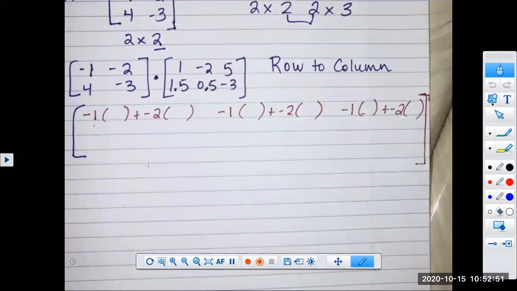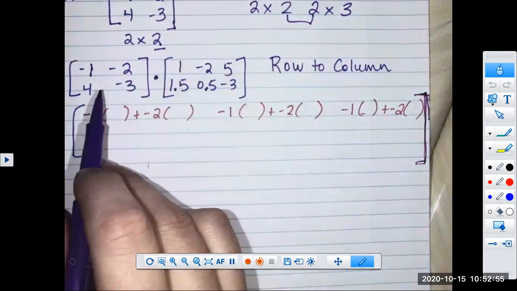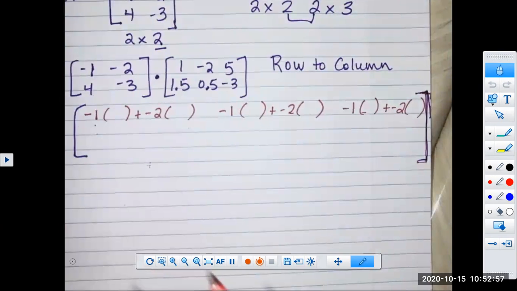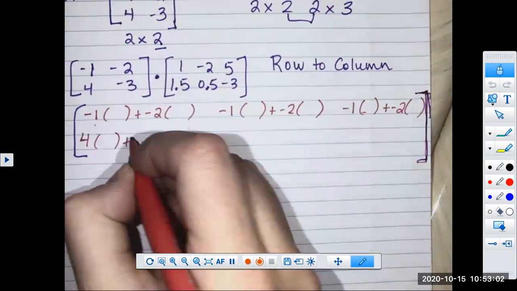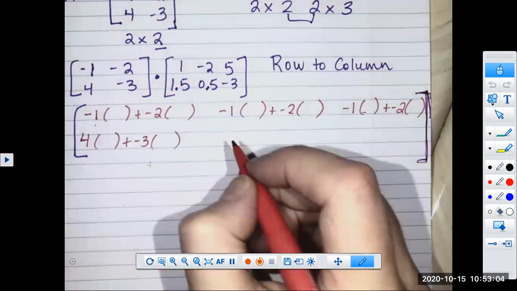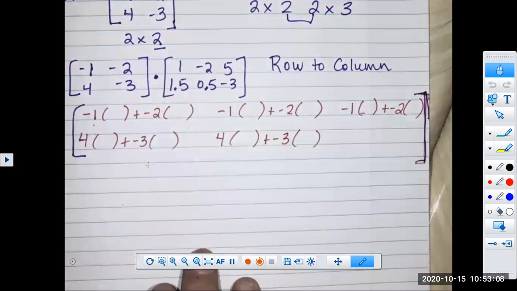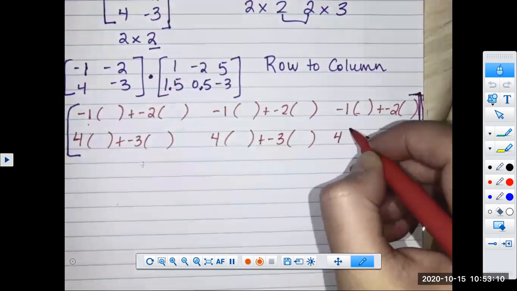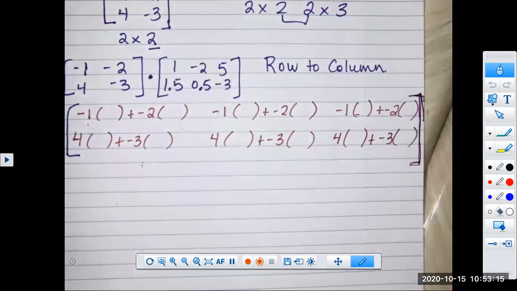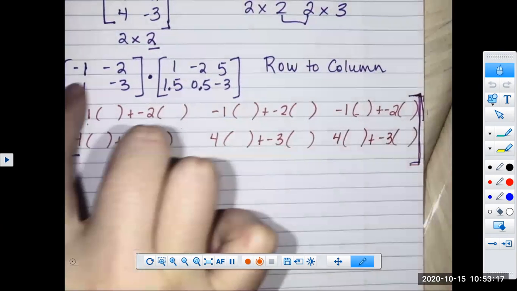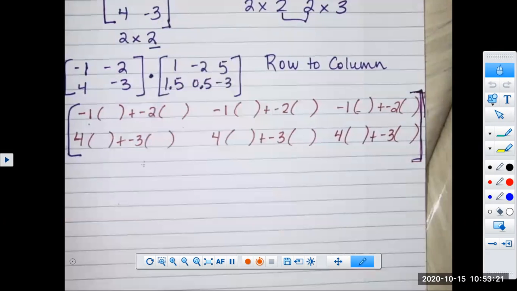And we'll do the same thing with that other. So we've got this row of numbers, and I'm going to write it 4. That just helps me if I go ahead and write the row out like this, however many times I have columns in the second matrix.